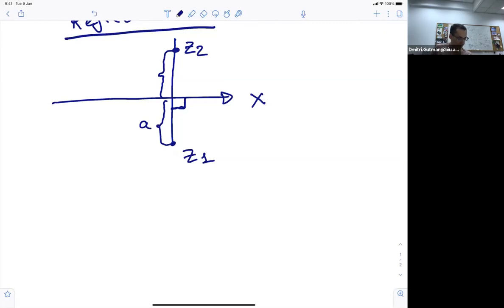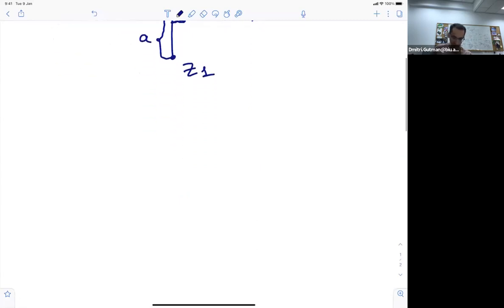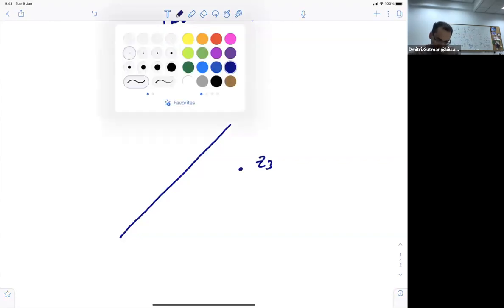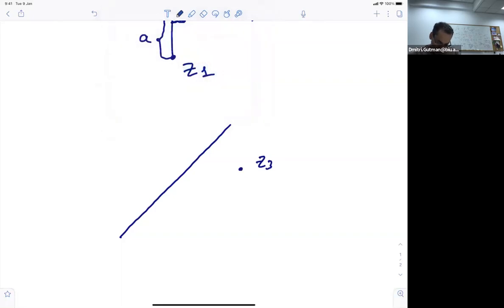Okay, the line doesn't have to be the X line, of course. We can draw another line, choose another point, let's call it Z3. And then let's draw a line which will be perpendicular to this.